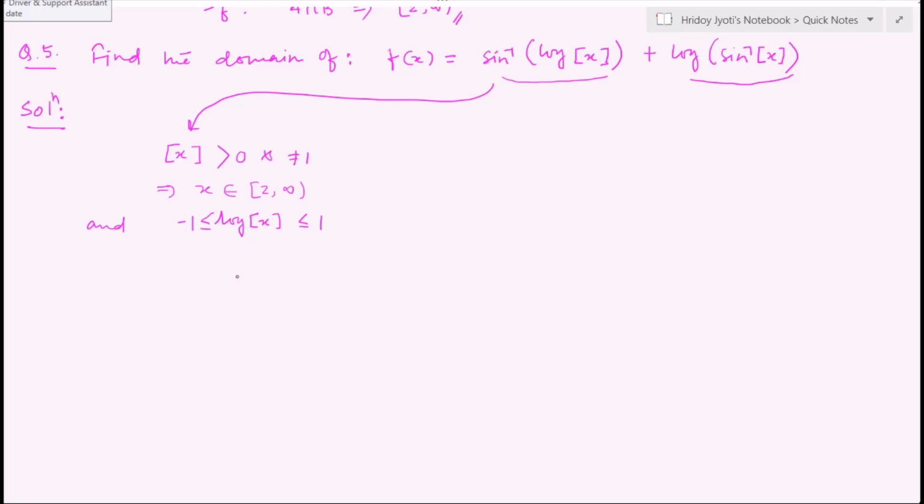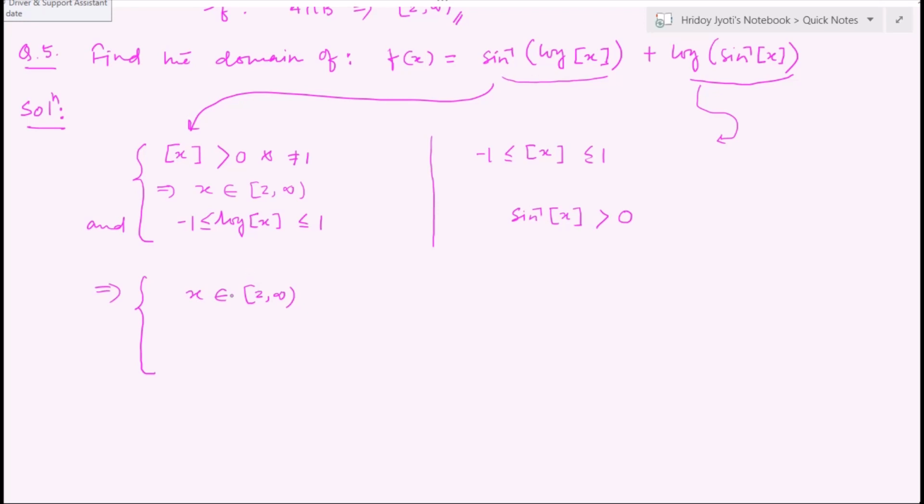And for this second function, we'll be getting this: GIF of x must lie between -1 and 1, that is the range of sine inverse of x, and sine inverse of GIF of x has to be strictly greater than 0. That is what we must get.